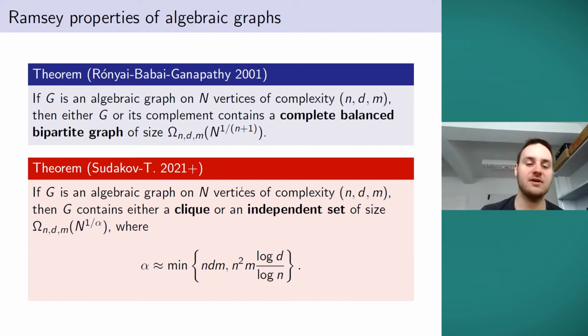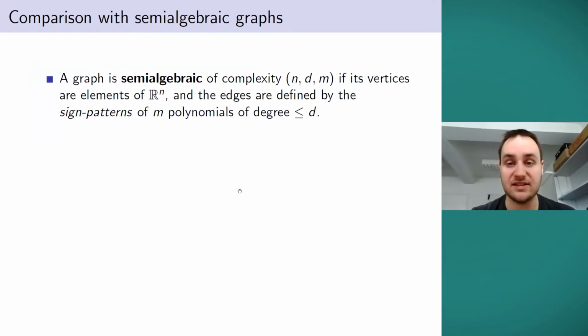But before that, I want to compare this result with some other results in a very closely related family of graphs, which are called the semi-algebraic graphs. Semi-algebraic graphs might be a bit more familiar for many people in the audience, but let me define this.